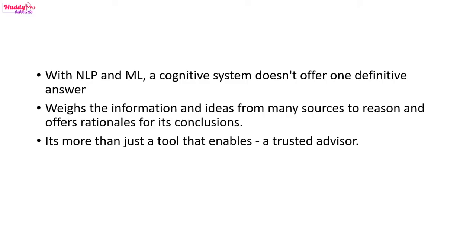Okay. Now, with natural language processing and machine learning, a cognitive system doesn't offer one definitive answer. There is no one defined answer that the cognitive system will offer. Instead, this system is designed to weigh the information and the ideas from many sources and to reason, and afterwards it will offer rationales for its conclusion.